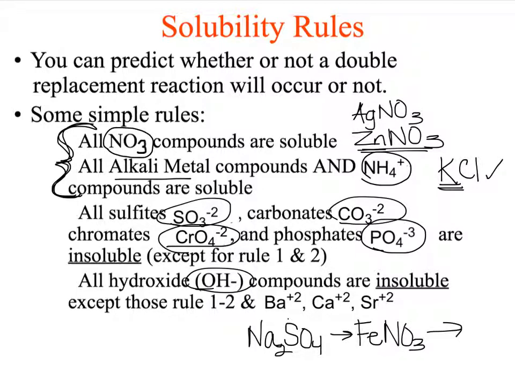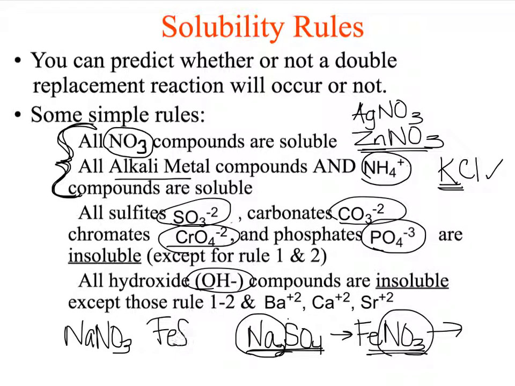Well, the answer is yes. Sodium sulfate is going to be dissolved, and iron nitrate is going to be dissolved because it has a nitrate. When these switch places, you would now have sodium nitrate, which would be dissolved, but iron sulfate would be a solid. So that would be an example. And in AP chemistry, you actually would have to memorize all the solubility rules. Just a heads up.